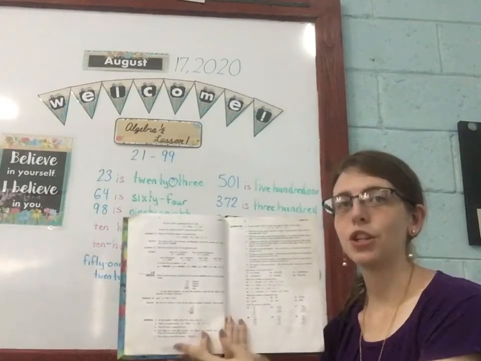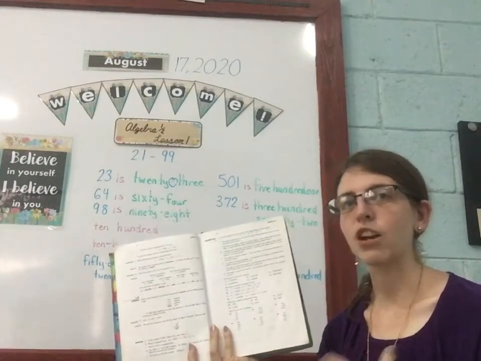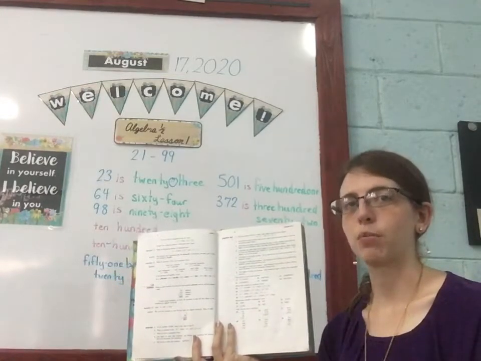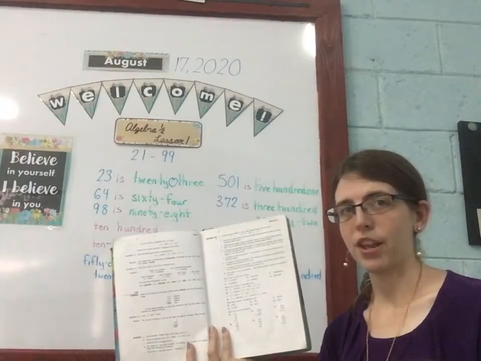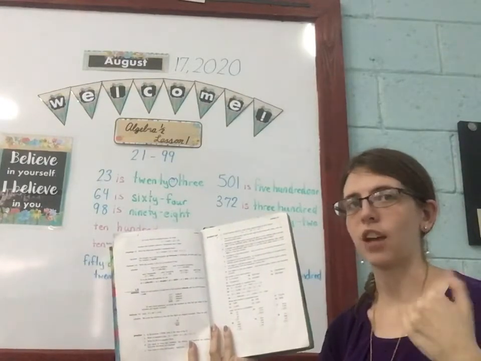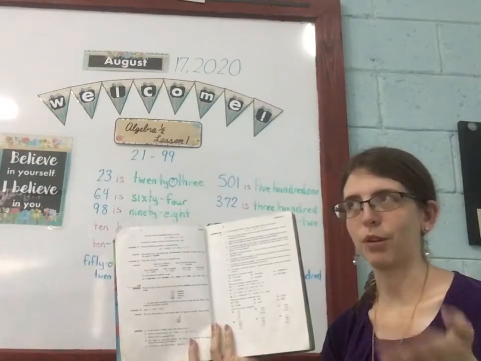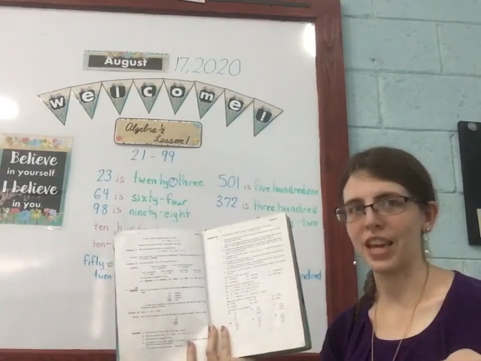So what I'm going to do is read through those practice problems with you here on the video. I'm going to read the problem, then I'm going to have you stop the video, do the problem, and I'm going to read out the answer. Then I'll read the next problem, have you stop, do the problem, then I'll read out the answer.